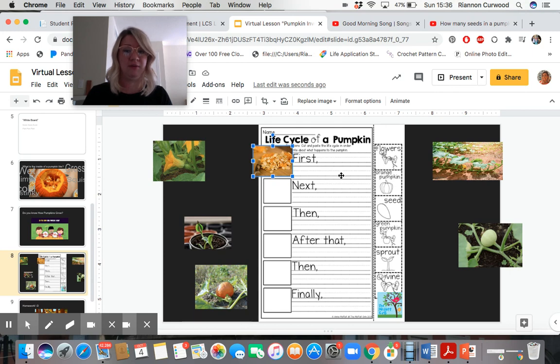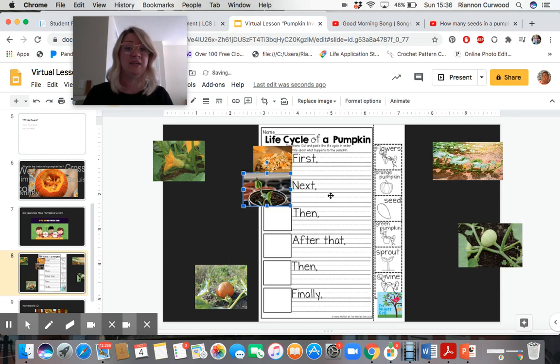I would type them out here, and they would copy it on their board or on their paper, and they would show it to me before we move on. Next, it would be, well, what happens after that? It sprouts. So we would say next, maybe an example would be next, the seed sprouts. Finally, then we would move into, well, what happens after it sprouts? Well, something happens amazingly with this.